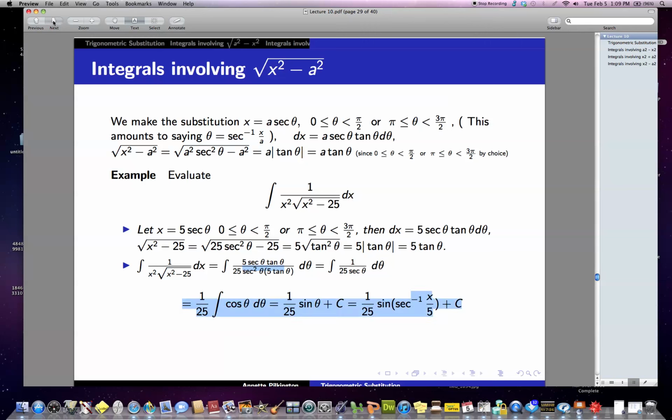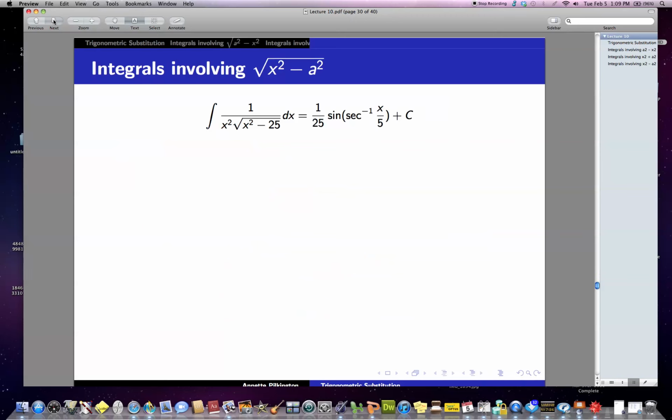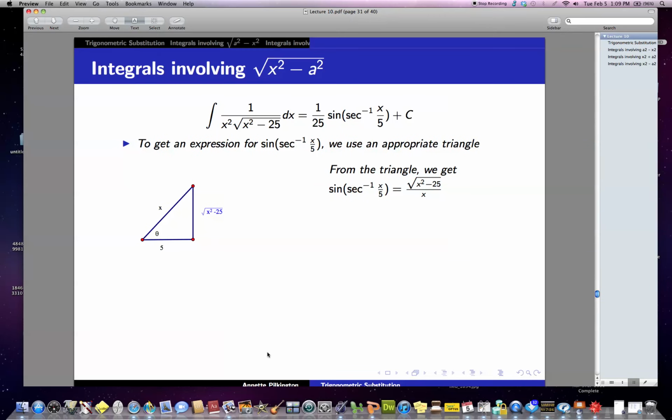So to make this simpler, sine of secant inverse x over 5, I must appeal to my knowledge of right-angled triangles once more. So I put this theta equals secant inverse x over 5 in the corner of a right-angled triangle, and secant of that theta must be the hypotenuse over the adjacent, which is x over 5.